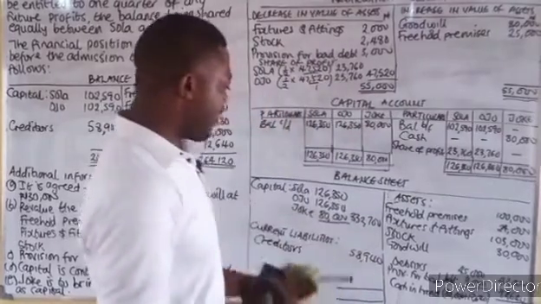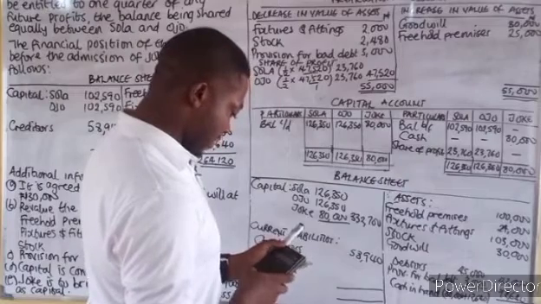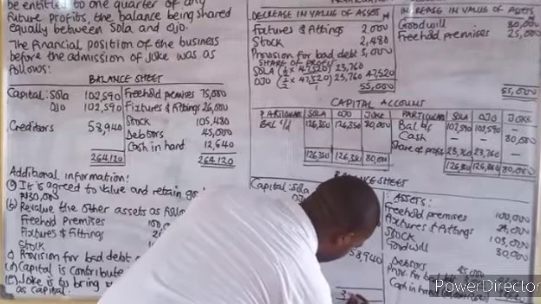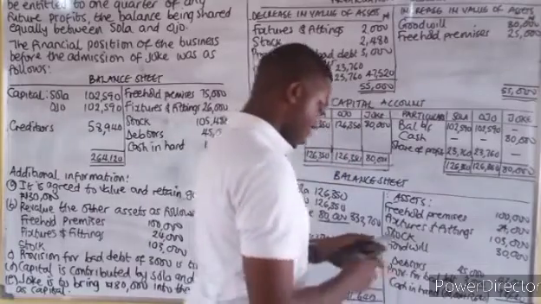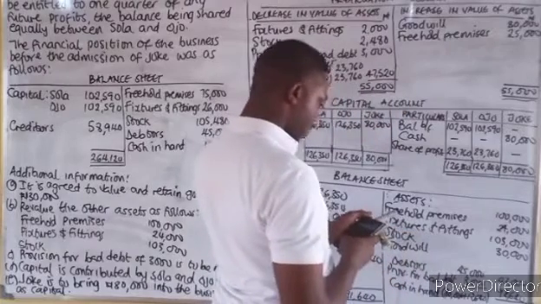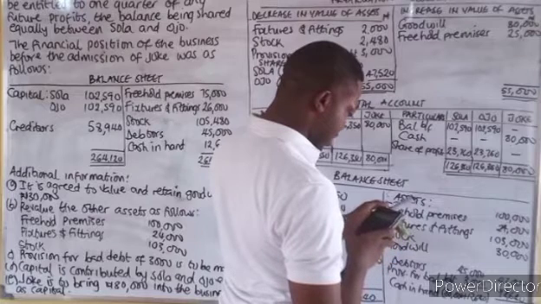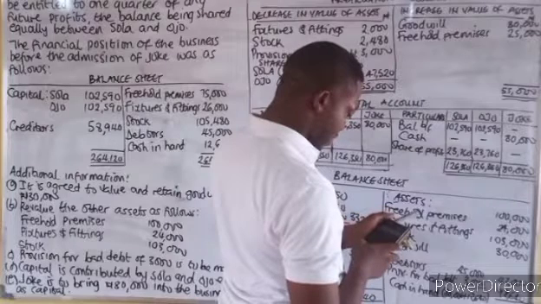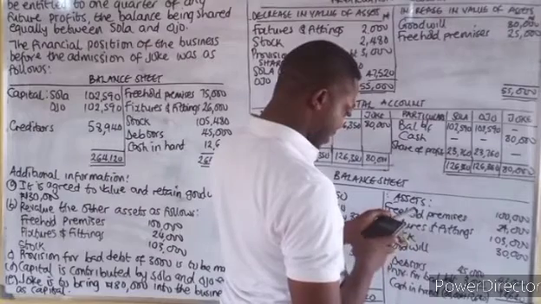Now let's add up. If we add up the left hand side, this will give us 332,700 plus 58,940, that's 391,640. Okay, at the right hand side we have 100,000 plus 24,000 plus 103,000 plus 30,000 plus 42,000 plus 92,640.